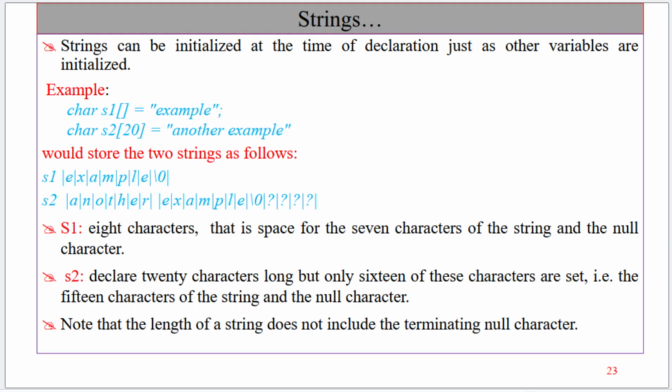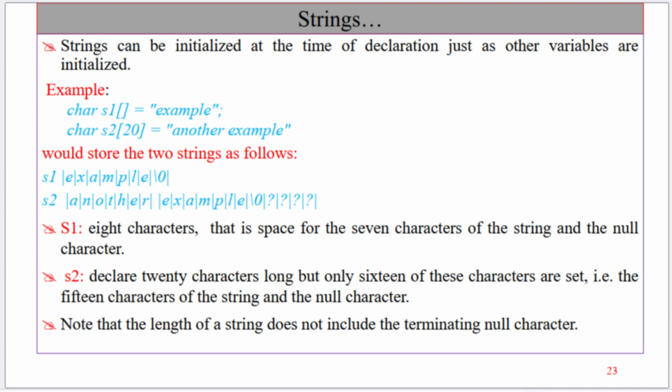Strings. Strings can be initialized at the time of declaration just as other variables are initialized. Example: char s1[] = "example"; char s2[20] = "another example"; would store the two strings as follows: s1 is 'example' followed by \0, which is 8 characters.